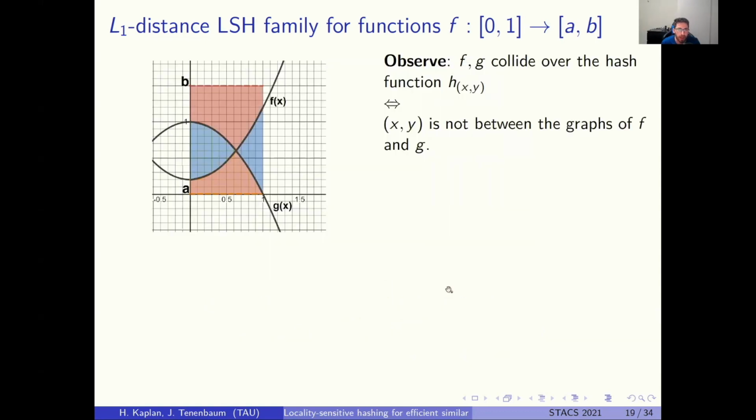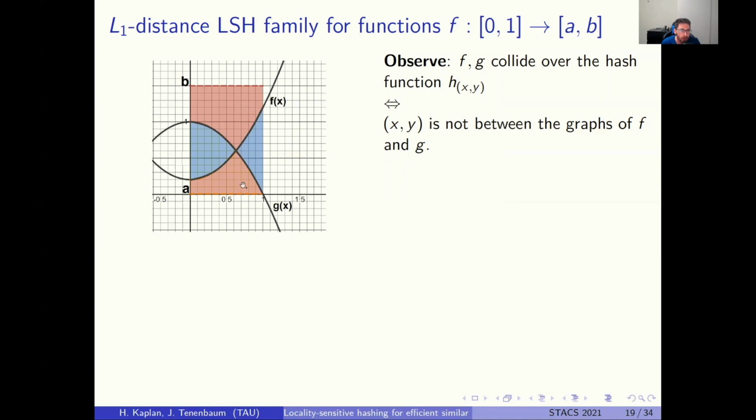To see that this hash family is an LSH hash family, we observe that 2 functions f and g collide specifically over hash functions h of p, where p is not between the graphs of f and g. It is easy to see that, for example, hashes defined by points which are above both functions give -1 to both functions.